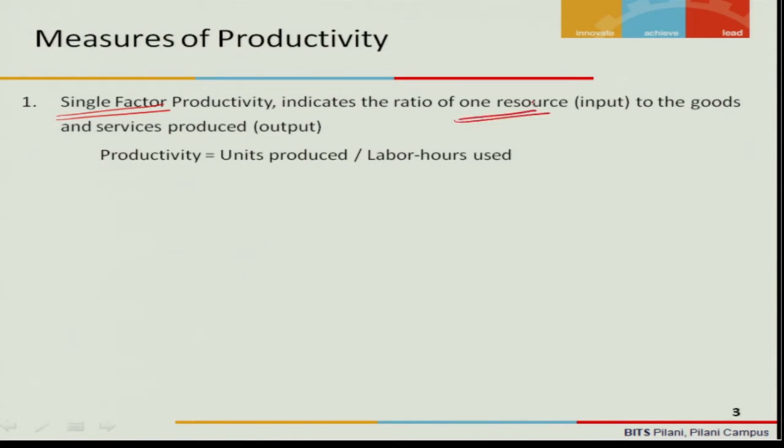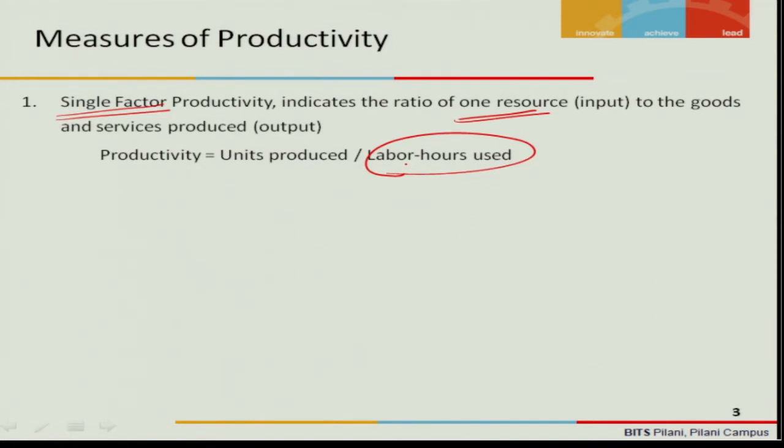And it is mostly the labor hours or the manpower used which is taken as an input. While you can take the other inputs as well, conventionally it is the labor productivity which is expressed in single factor productivity.